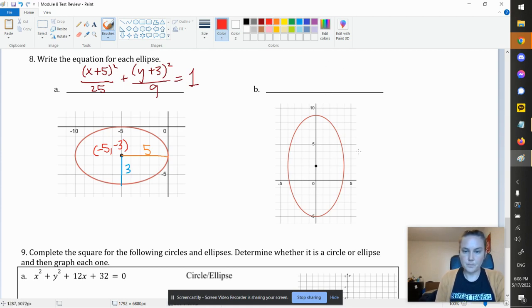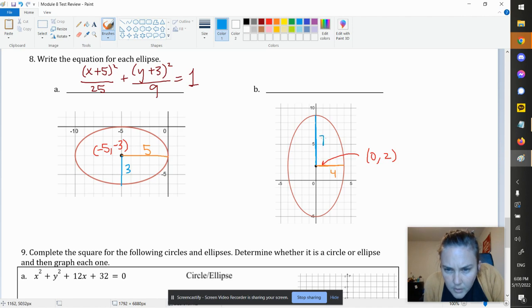Same stuff. Let's go. The center is 0, 2. We are going 4 to the left and right. And we are going, looks like, 7 up and down. Putting this all together, this tells me that I just have x squared on the top.